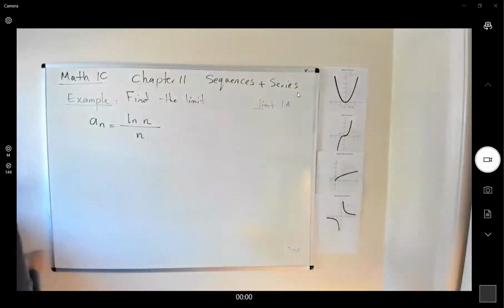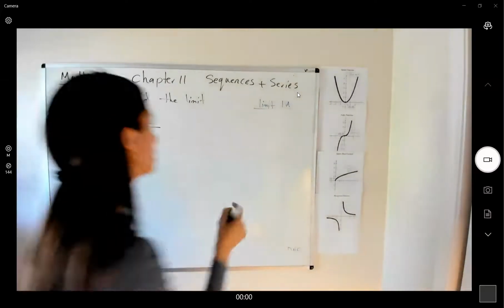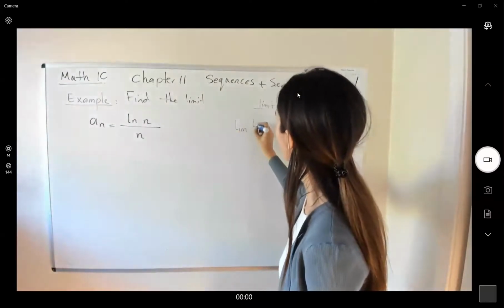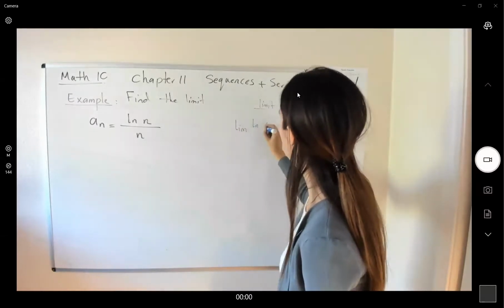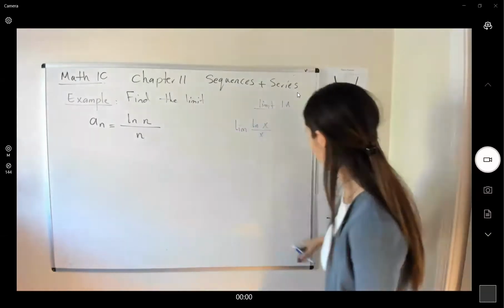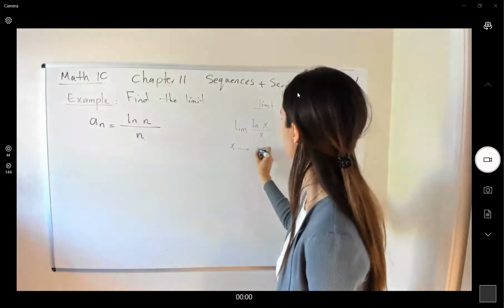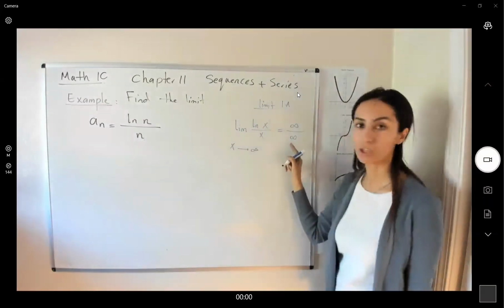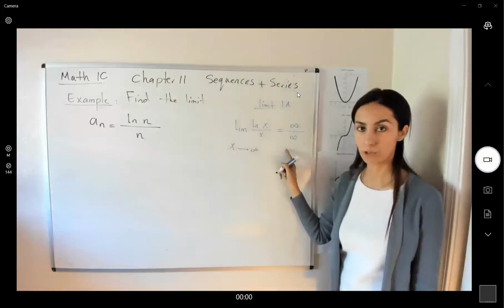Okay, again, in Math 1A, you learn that the limit of ln of x divided by x while x goes to infinity is infinity over infinity. So here you can apply L'Hopital's rule.